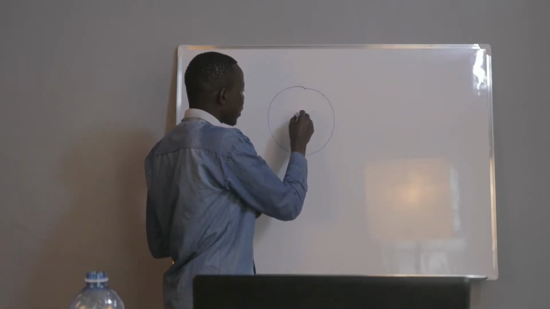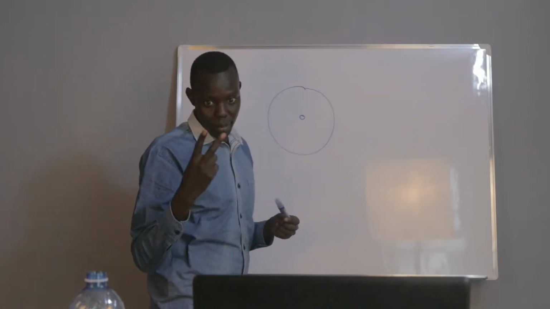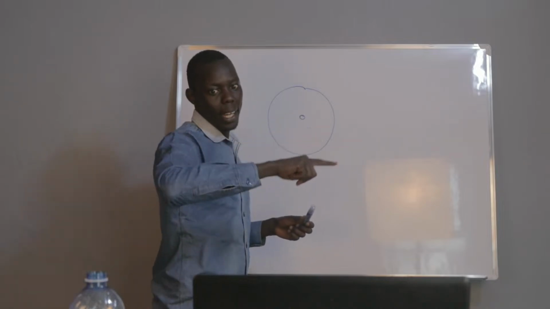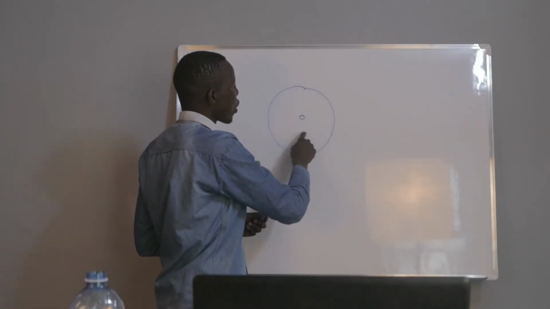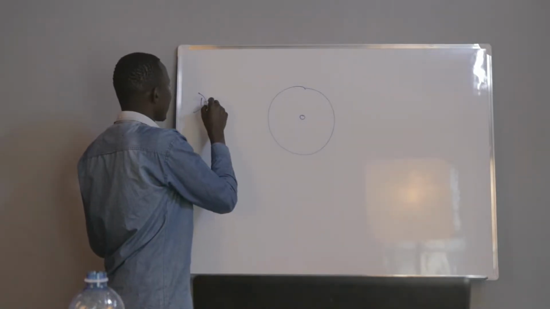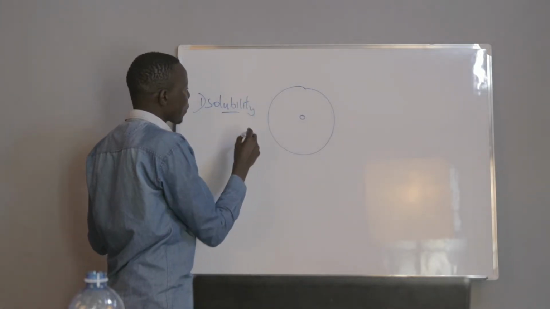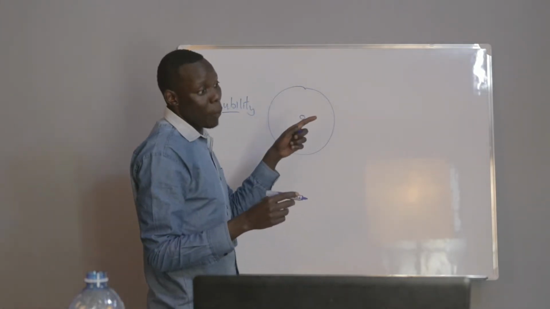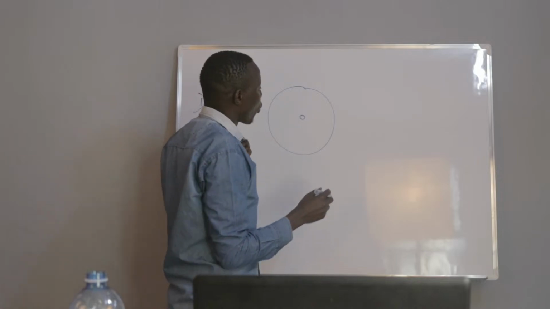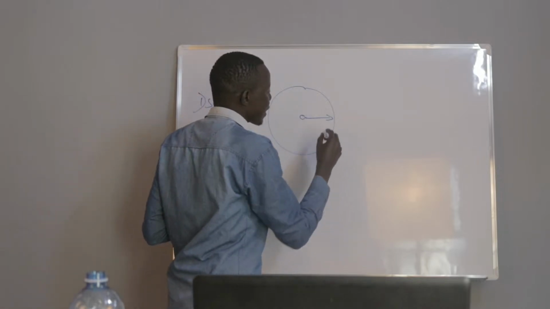There are two things that will determine how far they will move away. Solubility. How soluble are they? If the substance or the color or whatever you are talking about is highly soluble, it will move the farthest distance.